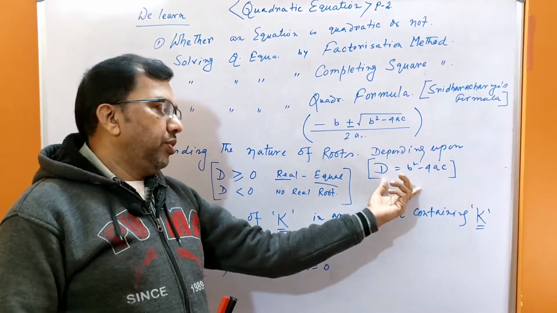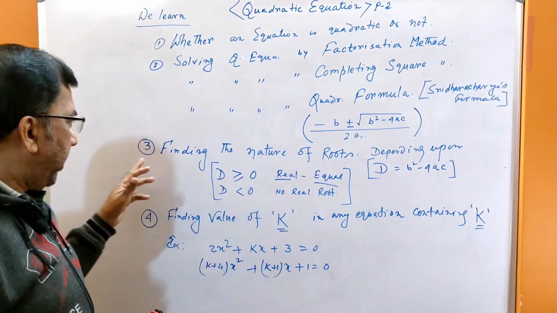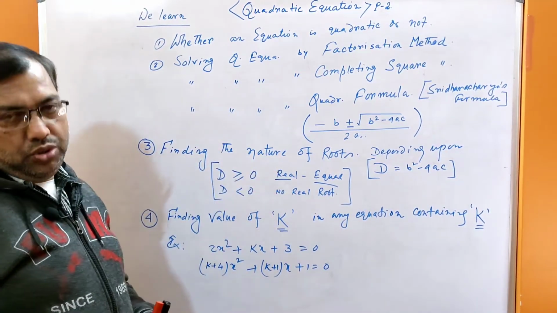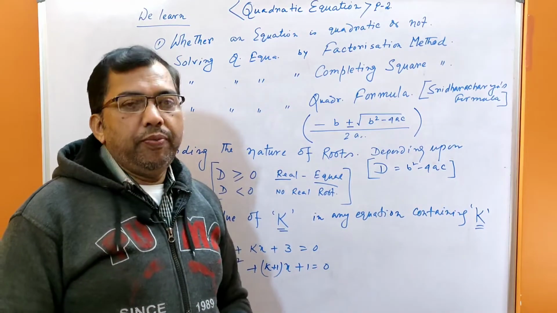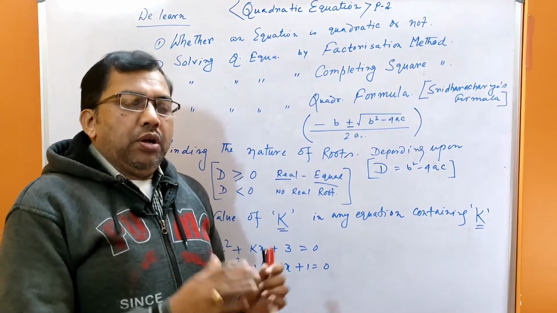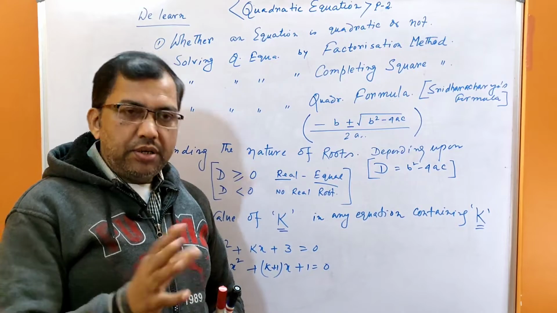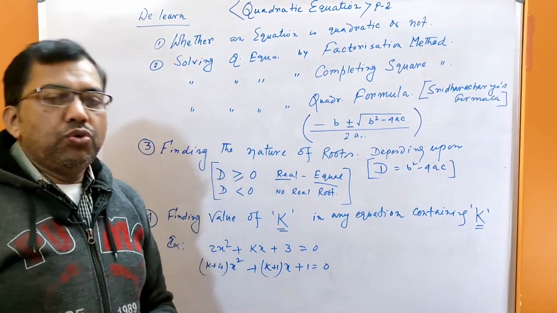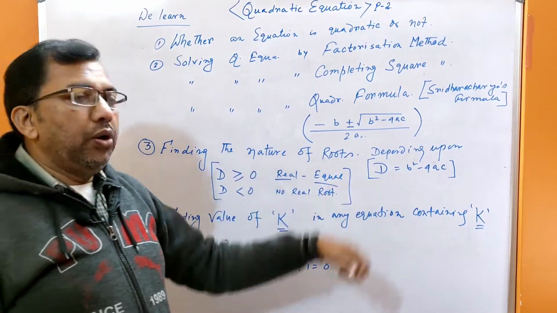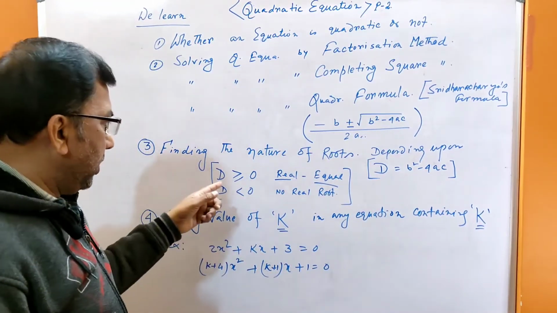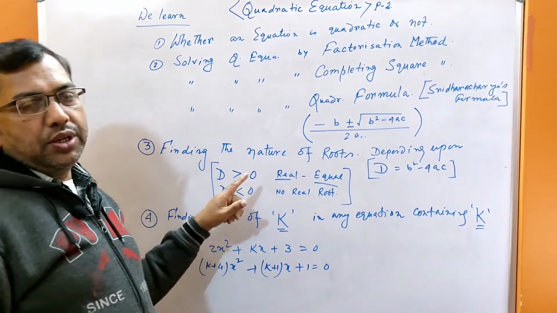Depending upon this, we have to find out the nature of the roots. Whether the roots are real and equal, real but different, or there are no real roots would depend upon the value of D. If D is greater than or equal to 0, the roots are real.